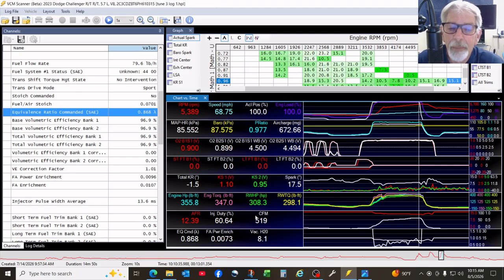If that throttle body's ported to match your intake, and if it may be polished so that the airflow is a little bit better. Polishing is really not a big deal on a throttle body, but port matching is. So we know a stock throttle body is not port matched to your intake, especially if you've had intake work done.